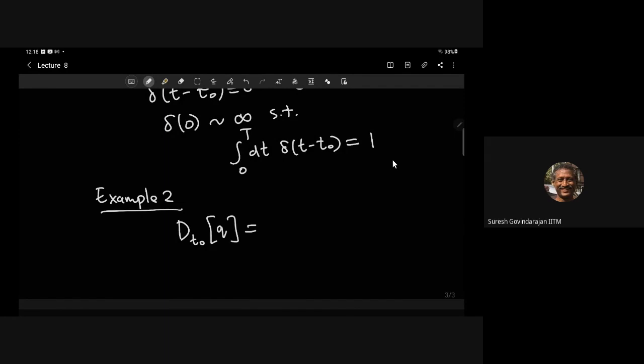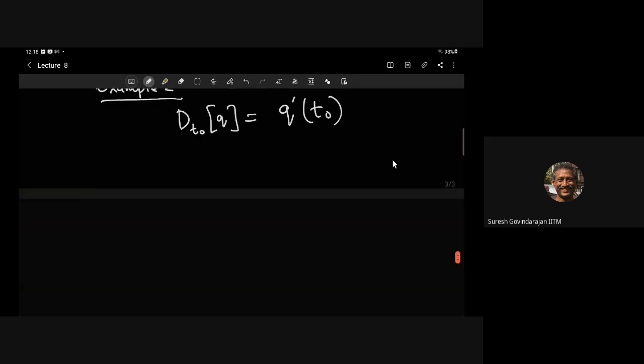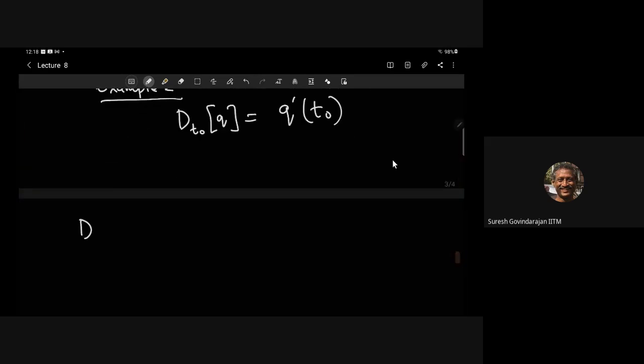This is equal to, now, the delta function picks out the value of the derivative at t naught. Again this is a functional, and we want to work out what the functional derivative is.